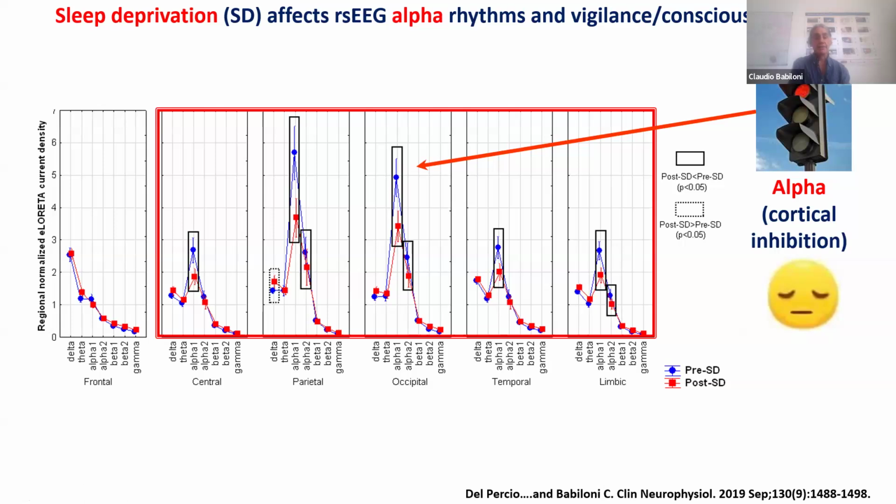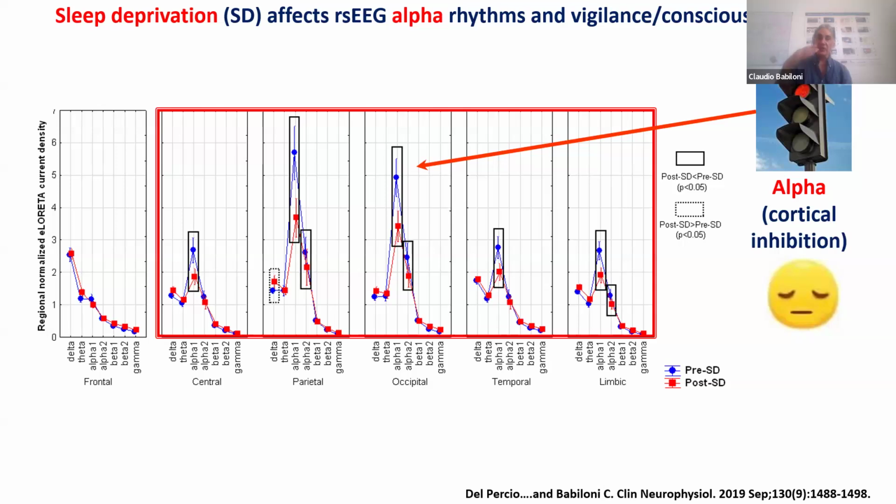In this picture, you see the results of an experiment by my research group testing the hypothesis that the cortical sources of resting state alpha rhythms reflect the cortical activity associated with the vigilance regulation.